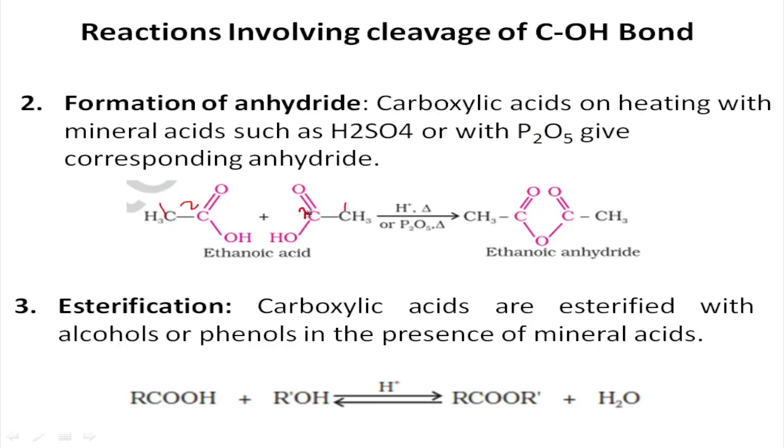Two molecules of ethanoic acid in the presence of mineral acid and heat give an anhydride, ethanoic anhydride. Anhydride formation is the removal of a water molecule.